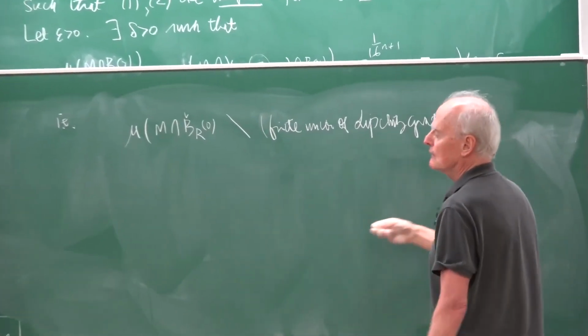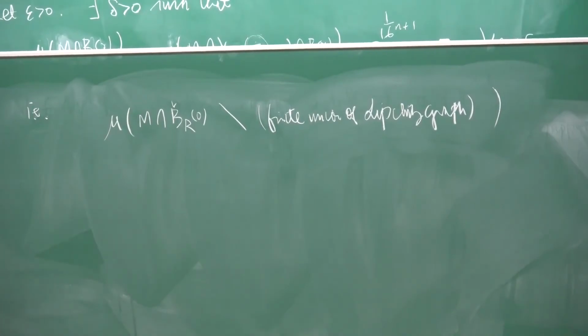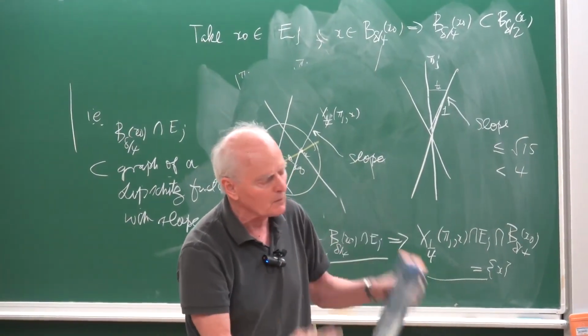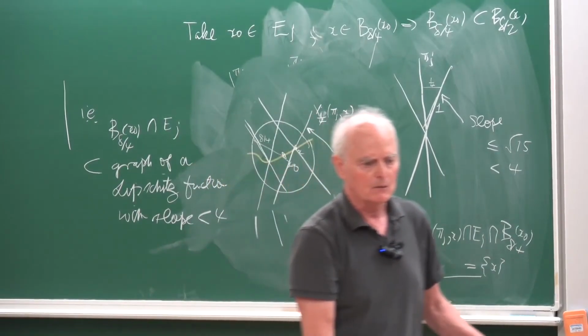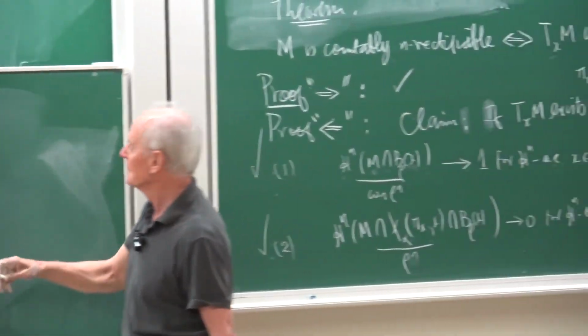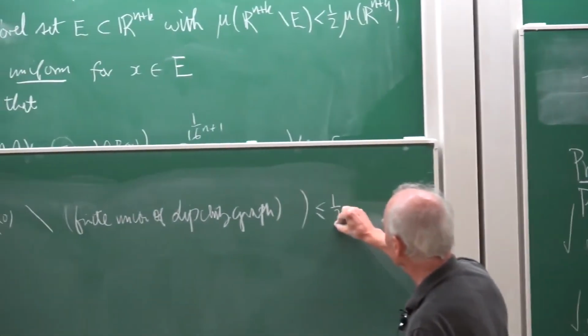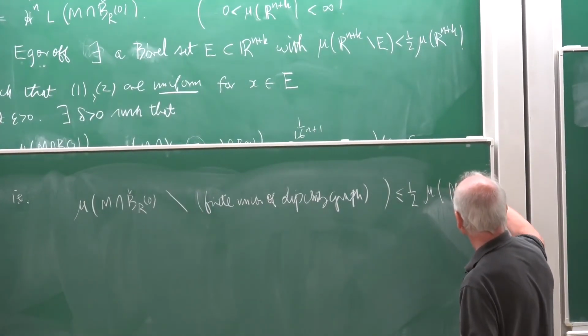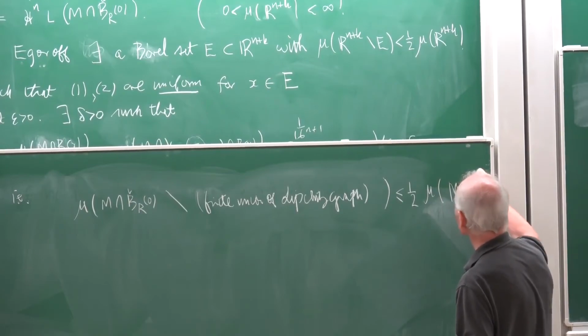So we subtract off a finite union of Lipschitz graphs. Well, that takes away all of the set EJ. That takes care of all of the set EJ, and we can do this for each J, so that takes care of all of the set E, right? So that means what's left is less than half what we started with. So this is less than or equal to half the measure of M intersect B_R0.